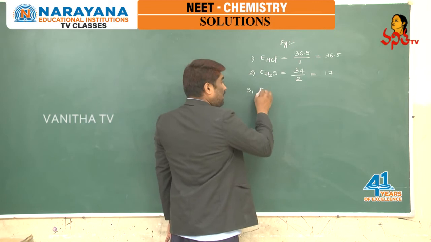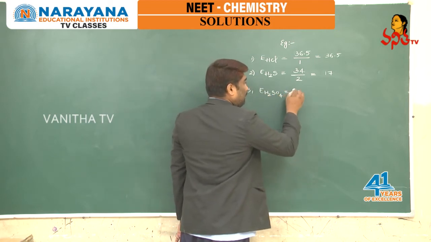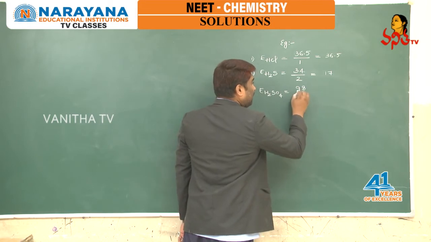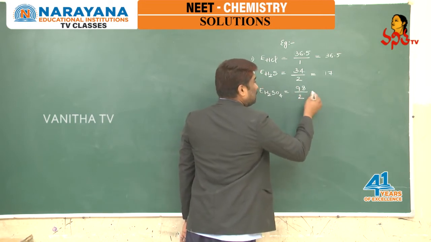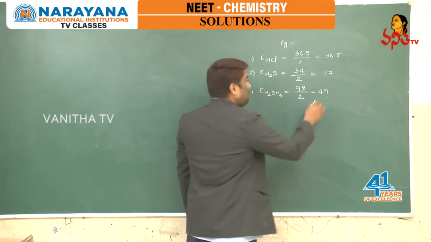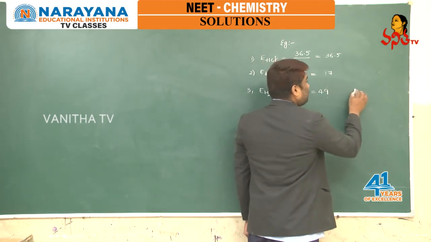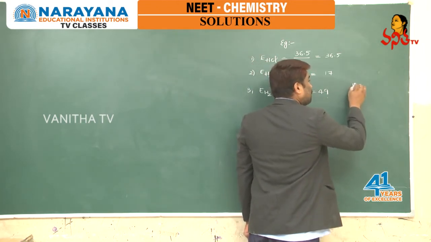Third example: equivalent weight of sulfuric acid. Its molecular weight is 98, divided by basicity 2, that is 49. How can you tell that it has 2 replaceable hydrogens? In such a case, draw the structure of sulfuric acid. Sulfur belongs to the sixth group.